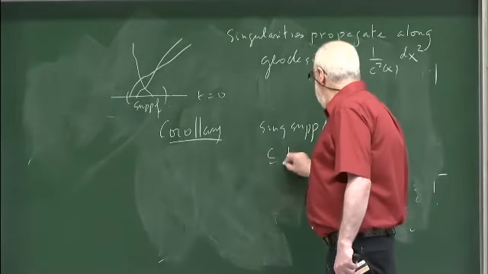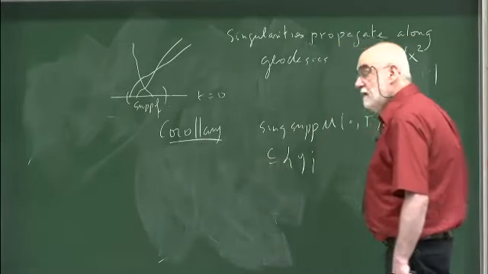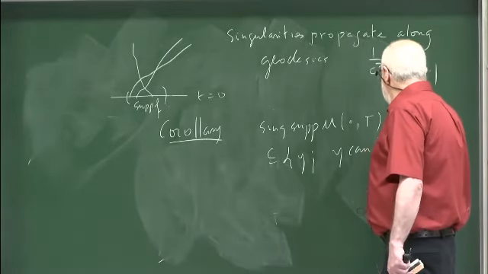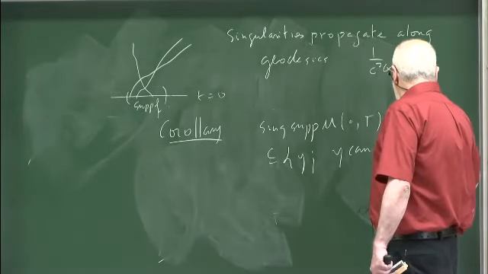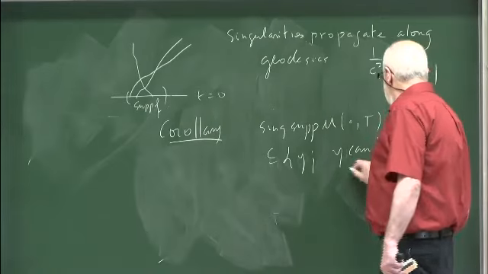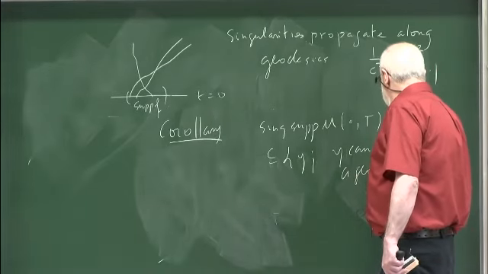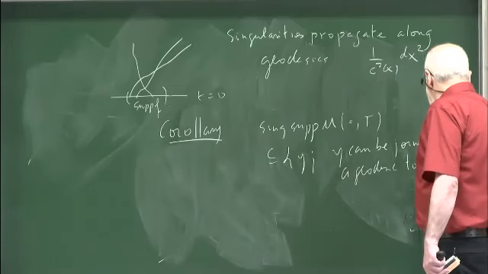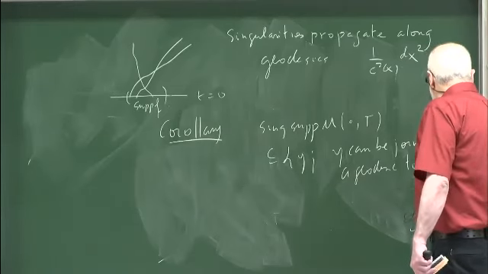It's contained in the y's such that y can be joined by a geodesic to a point x in the support of f, the initial data.